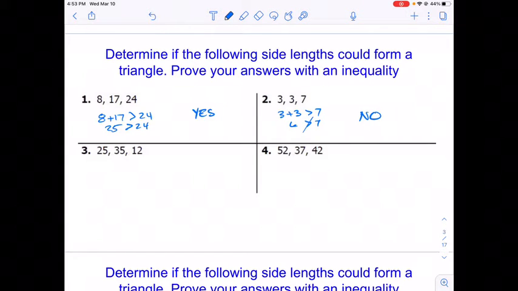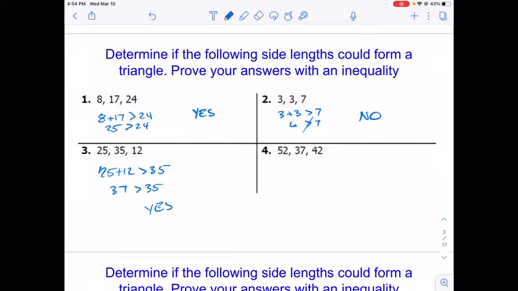All right, so hopefully you saw that both of these were triangles. We take our two smaller sides, 25 plus 12. We want to see, is this greater than 35? Adding these together, we get 37, greater than 35. So the answer is yes. Look at the next one. We take the two smaller, 37 plus 42, and see if this is bigger than 52.